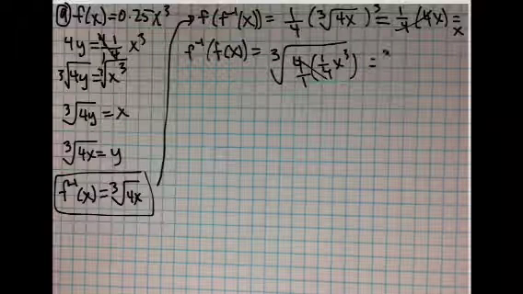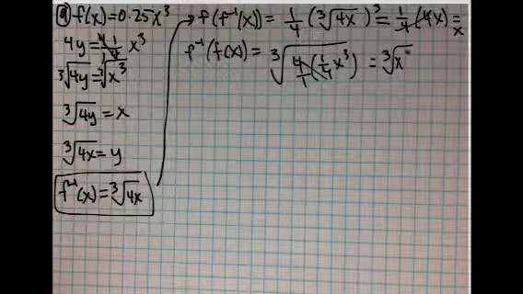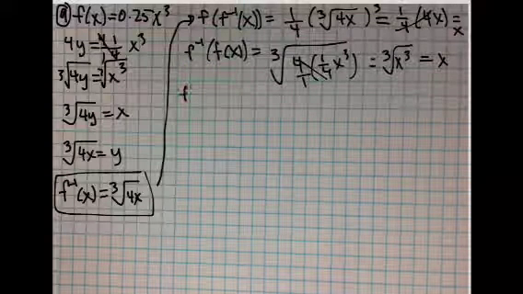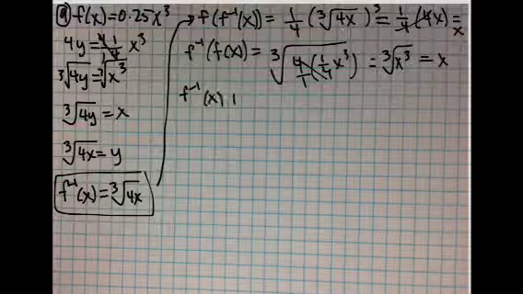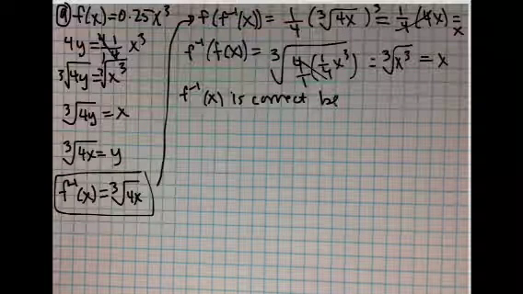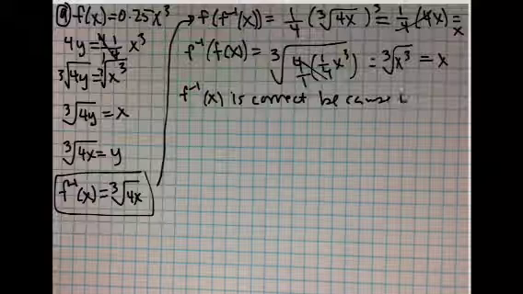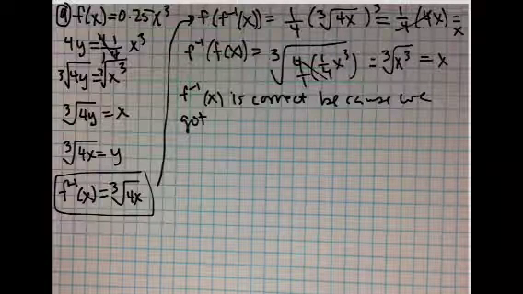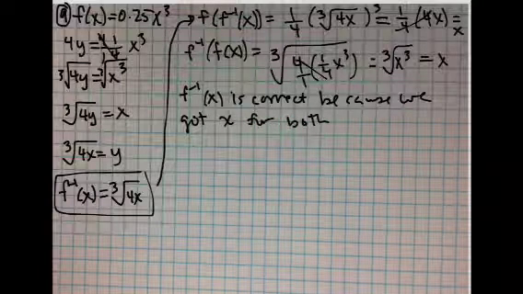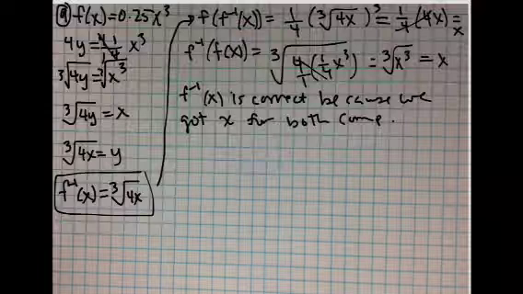That leaves me with cube root of x cubed, which is x. And so f inverse of x is correct, because we got x for both compositions. And I'll just put compositions.